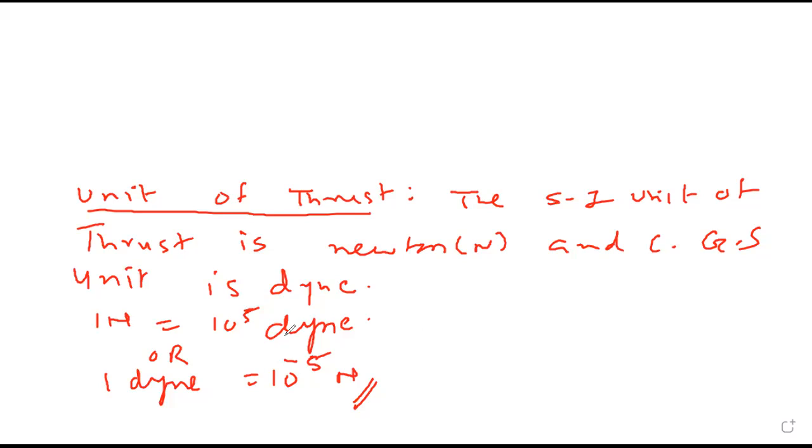See, these are SI unit, CGS unit. There is one more unit. Have you heard about one more unit? MKS unit. In MKS and CGS, we can use this thrust in another unit called gravitational unit. When you say gravitational unit, you don't say in Newton, but you say in kg.